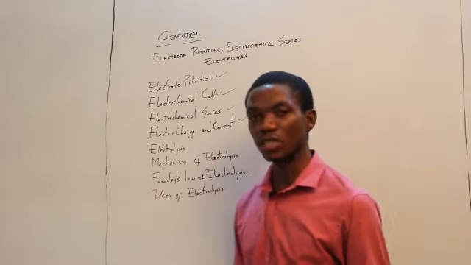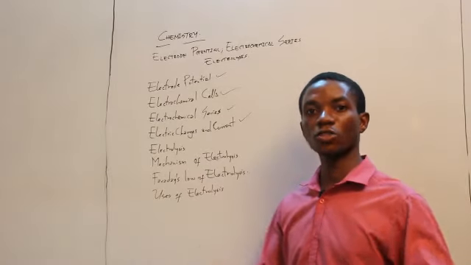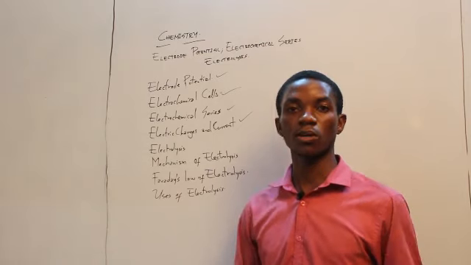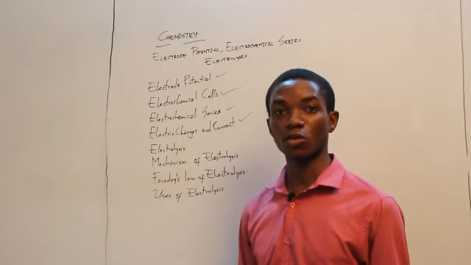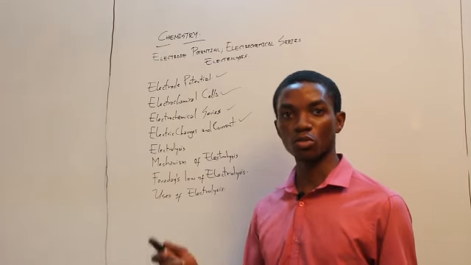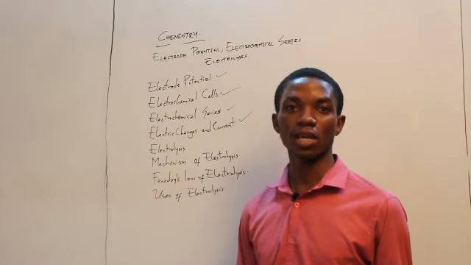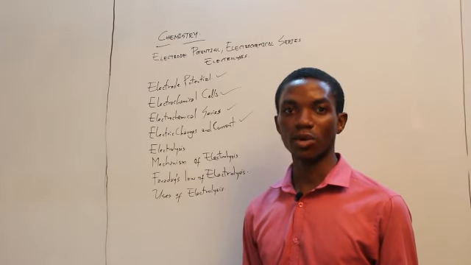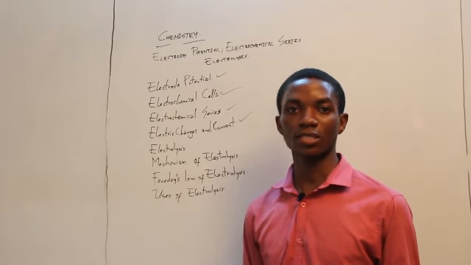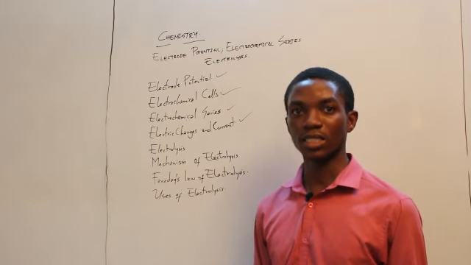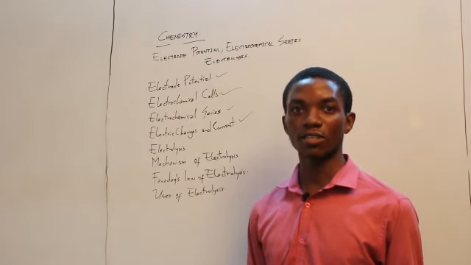So basically, we have the system: you have your electrolytes, that is the liquid or the molten substance which is about to undergo electrolysis. We have the electrodes, which are the two bars or sometimes plates. One of them is described as the cathode, that's where electric current enters the system, and the other one is described as the anode, that's the positive terminal of the electric current.